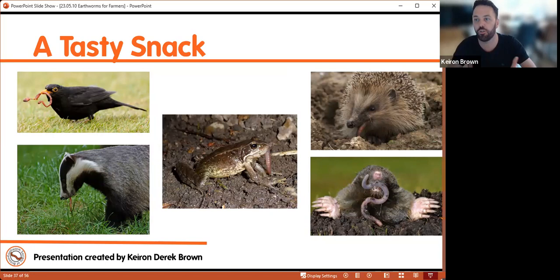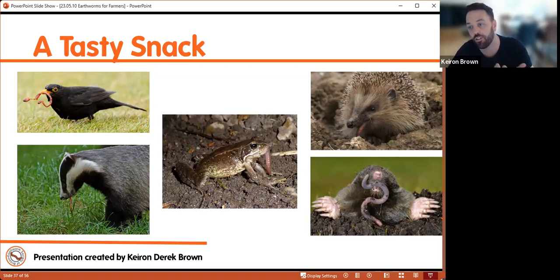I've got some vertebrates here, but they're important for a lot of invertebrates as well, including their cousins, the leeches. So leeches will eat them. But all of our garden birds and our farmland birds, there's a lot of those where earthworms will be a really significant component of their diet.